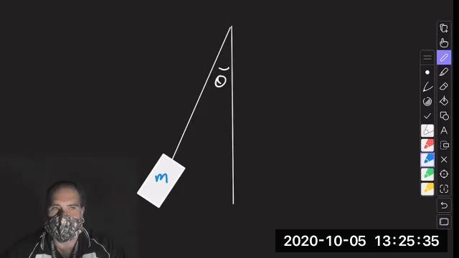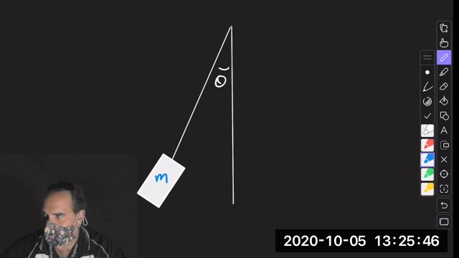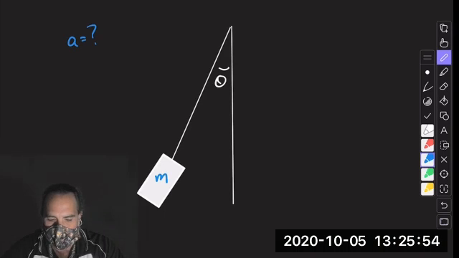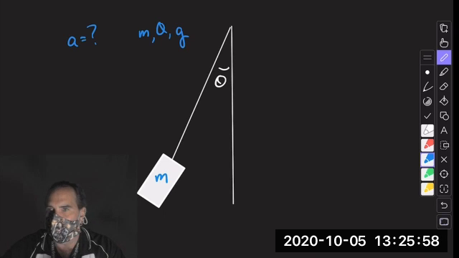I would like to know what the acceleration of the vehicle is in terms of theta. So that's the question. I'm noticing this thing swinging backwards. What is the acceleration of the vehicle? M, theta, and g can be in your answer.